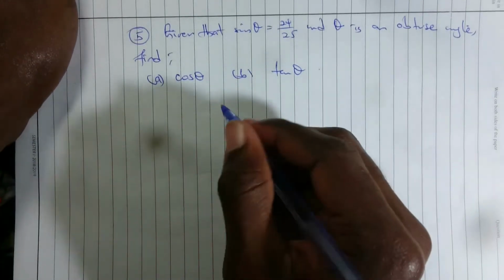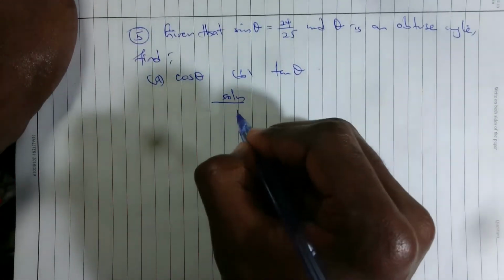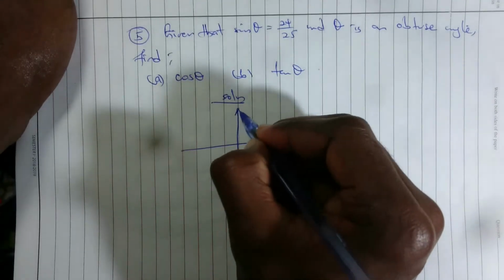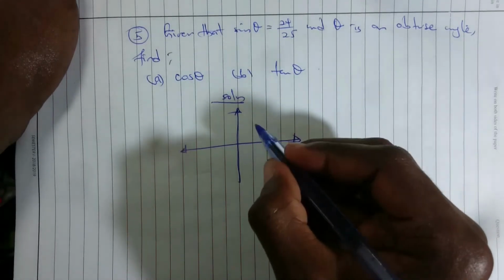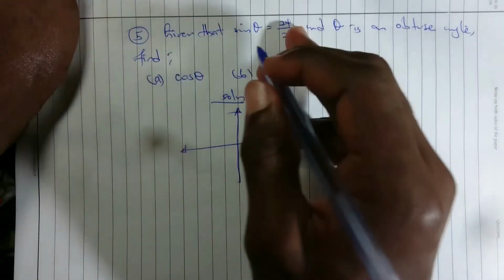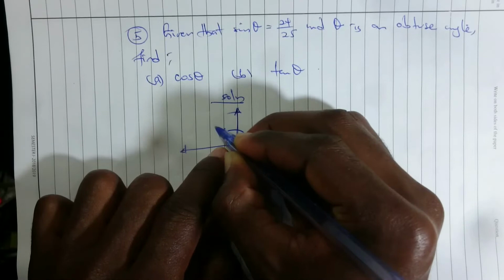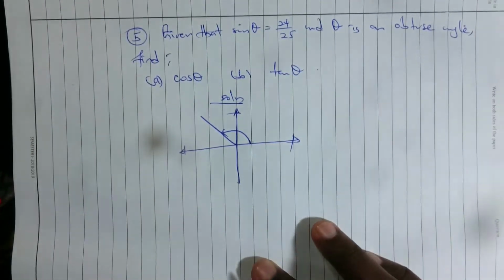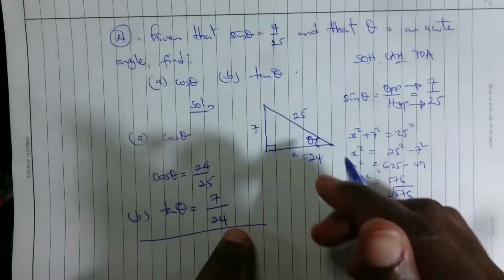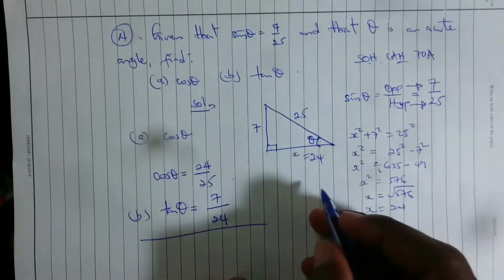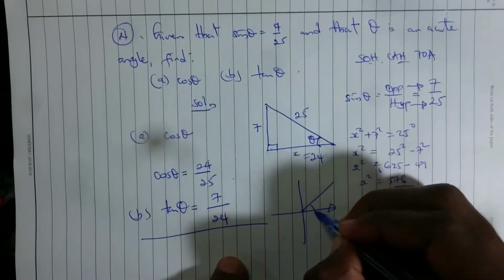So let's first draw something that will help us. Theta is obtuse, which means the angle theta measures more than 90 degrees. The best way to handle such questions is to draw the acute angle first, know where it lies, and know that theta is the obtuse angle.